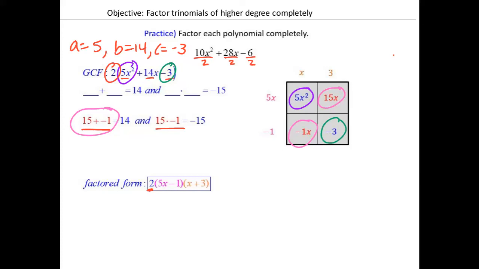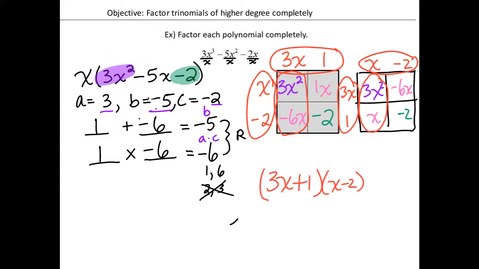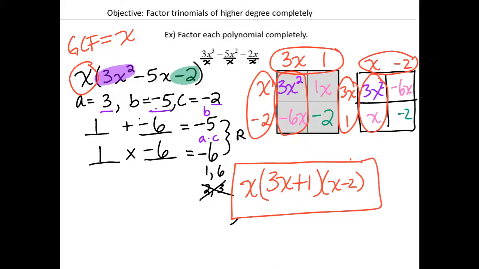So can I have you guys go back to the last two examples that we did together? For this one, the GCF was x. So I need to add x in front of my two binomials. I completely forgot about the GCF. I apologize about that. Your GCF should be attached to your answer, okay?